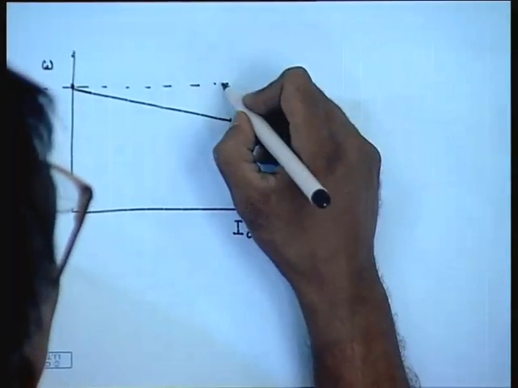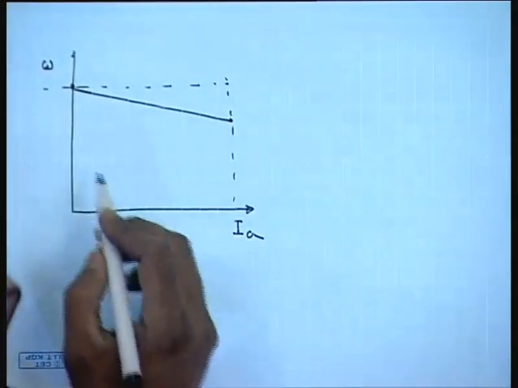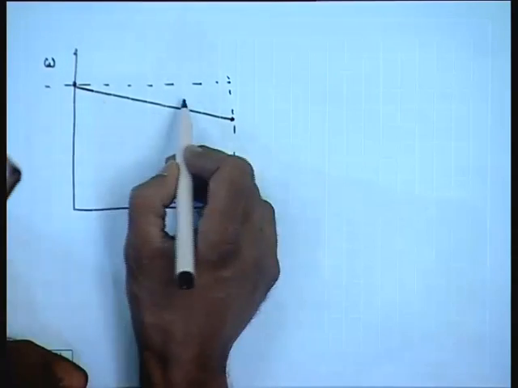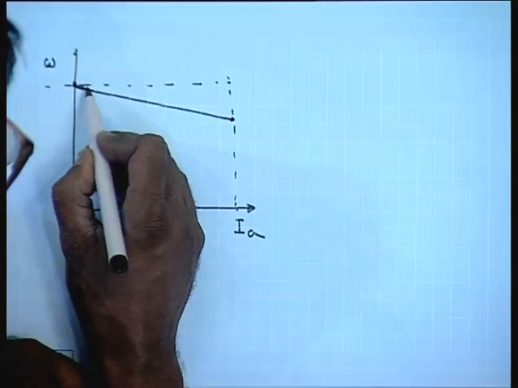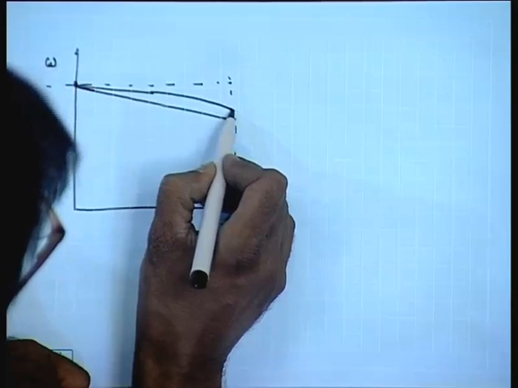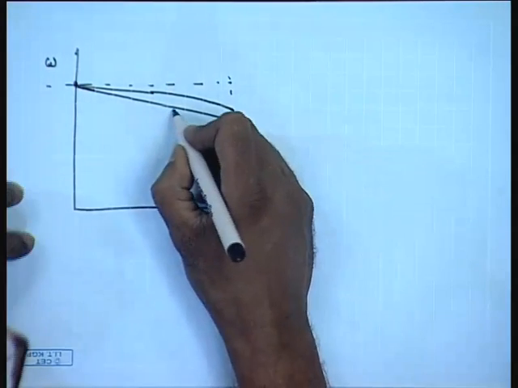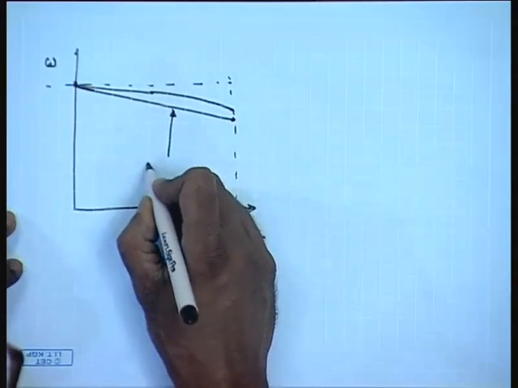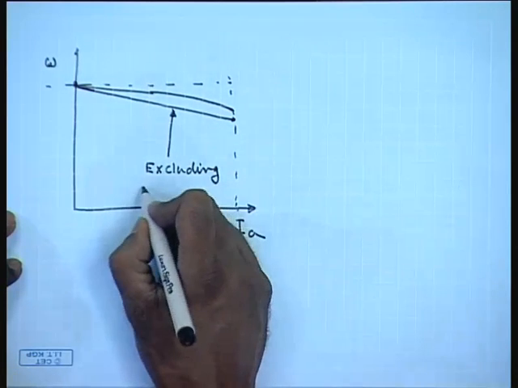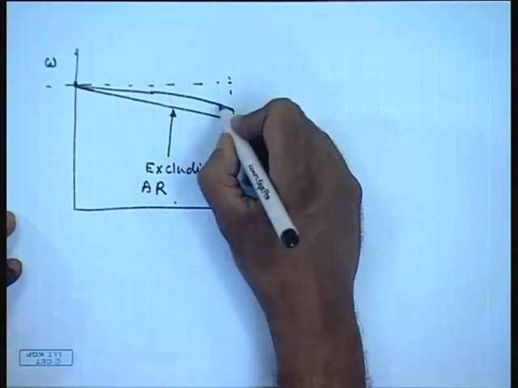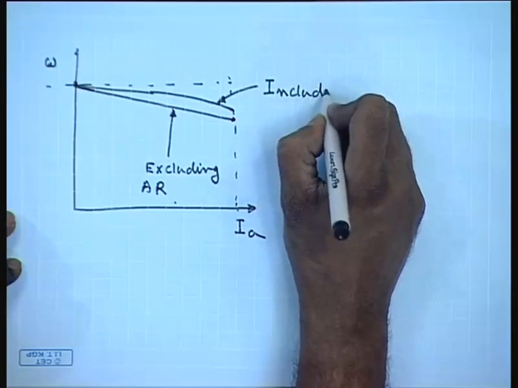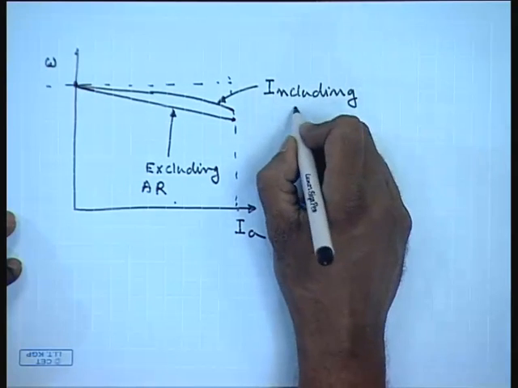But if we include armature reaction, then for a given current the speed does not drop as much, it is above this and somewhat nonlinear. This is excluding armature reaction. This is including armature reaction.